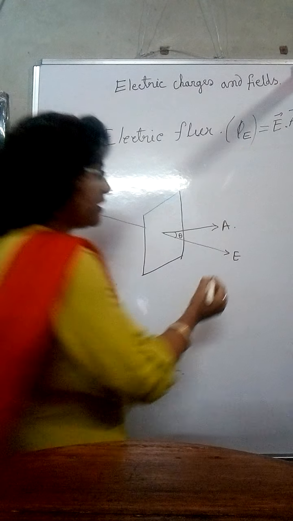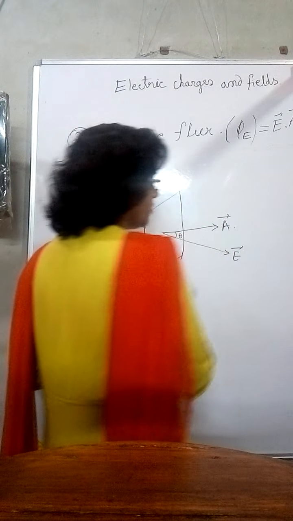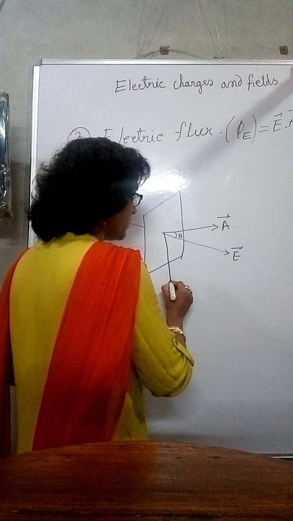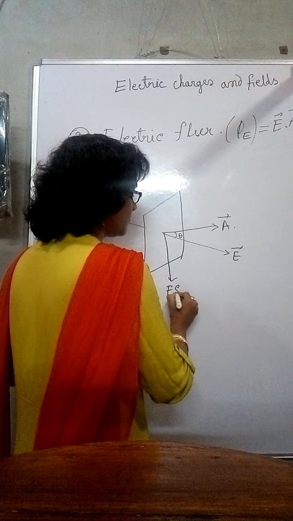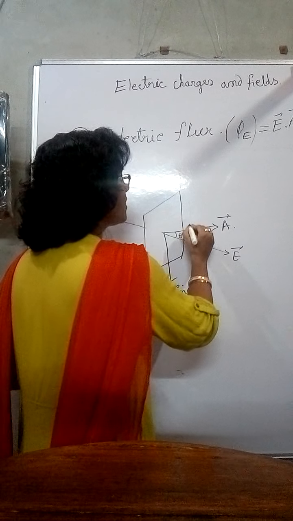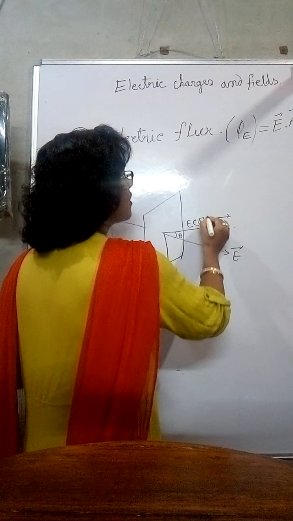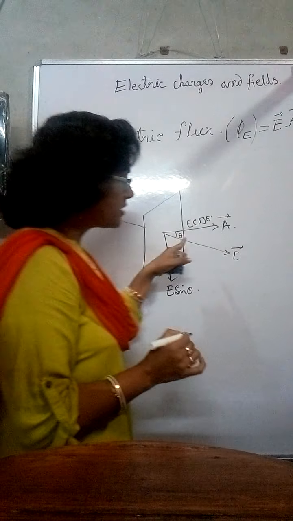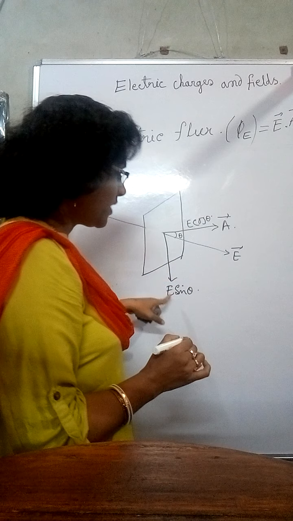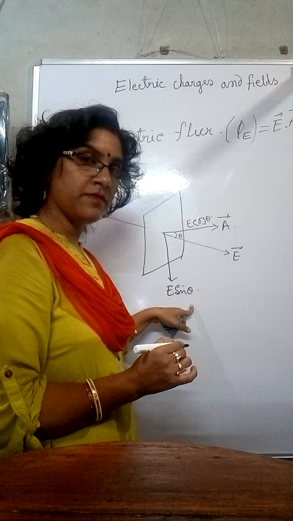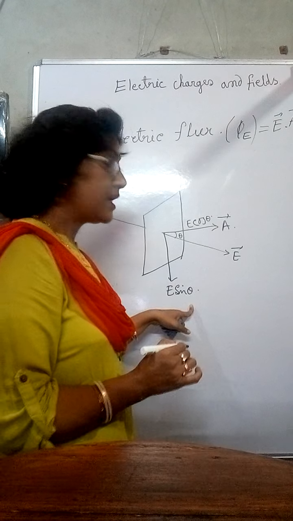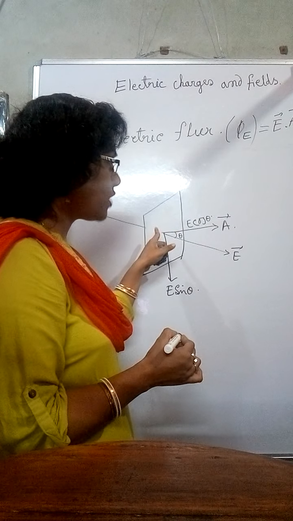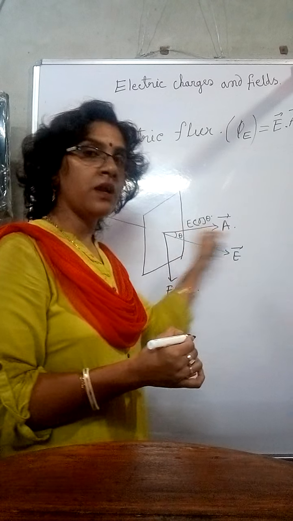Now the electric field will be resolved into two components. One component will be E sin theta, another component will be E cos theta. It is clear that the component E sin theta will not be responsible for the electric lines of force, because the electric lines of force are the lines which pass perpendicularly through the surface.